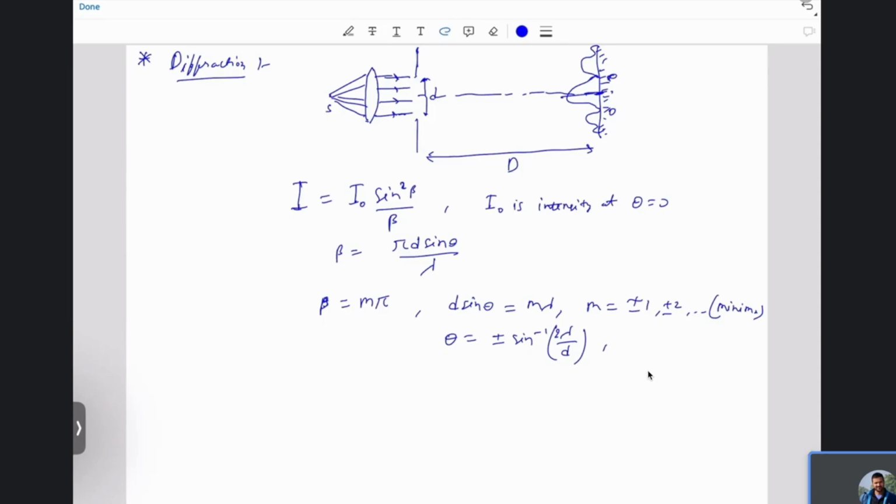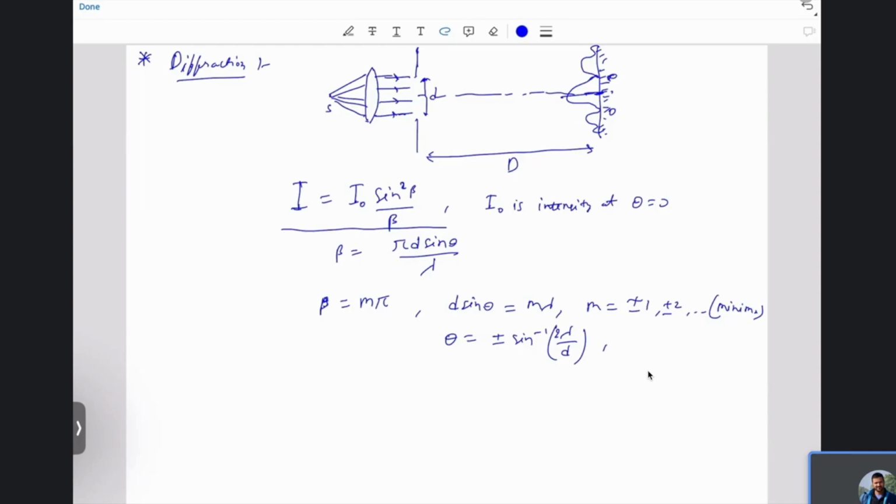Now, this is for the minima, right? Then for maxima, what will you do to calculate the maxima? At I equal to 0, you have minima.